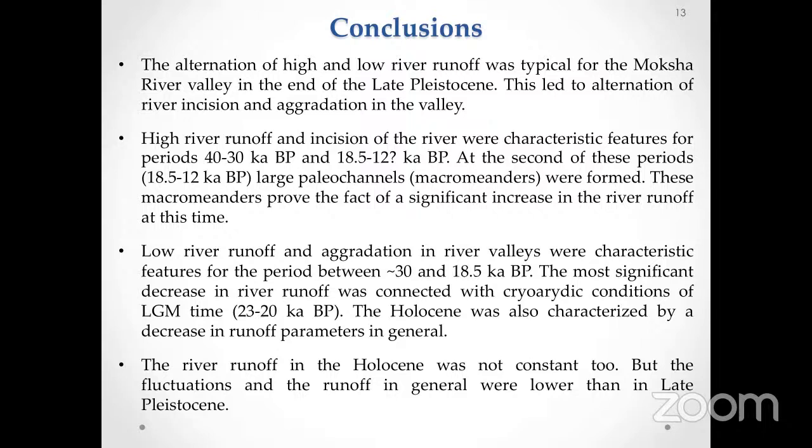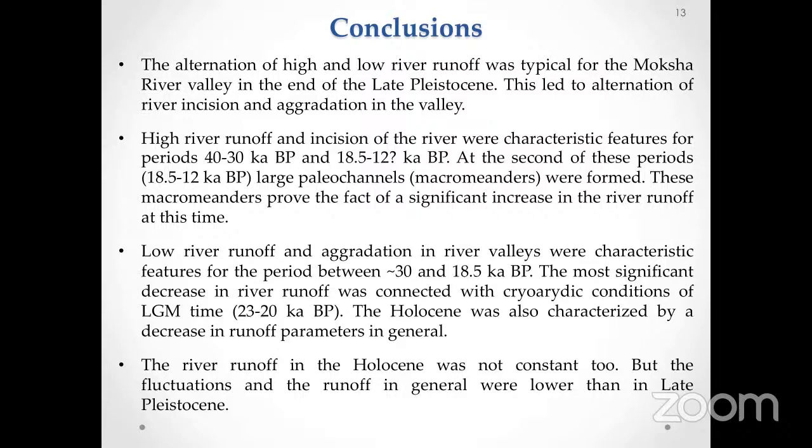High river runoff and incision of the river were characteristic features for the periods 40 to 30 and 18 to about 12,000 years BP. In the second of these periods, large paleochannels were formed, and these macromeanders prove the significant increase in river runoff at this time.